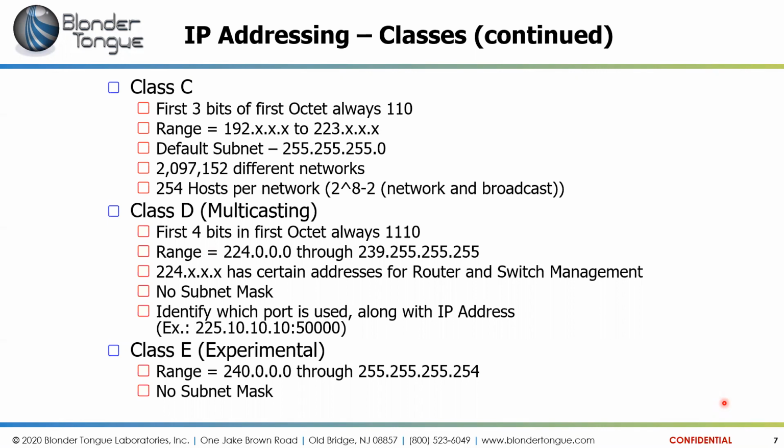So for an example, we would call it IP address 225.10.10.10 would be the IP stream that our IPTV signal is on, and that's also using port 50,000 in this example. And Class E is an experimental range of IP addresses, from 240 all the way up through the end of 255. I have no further knowledge on what exactly it's being experimented with, but I do know that there is no subnet mask for that range as well.